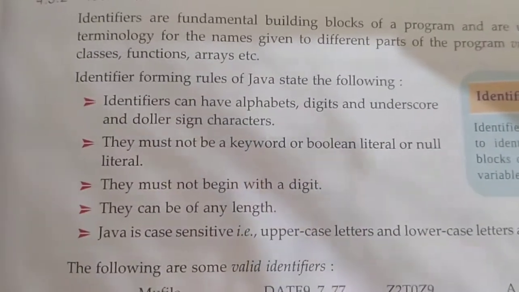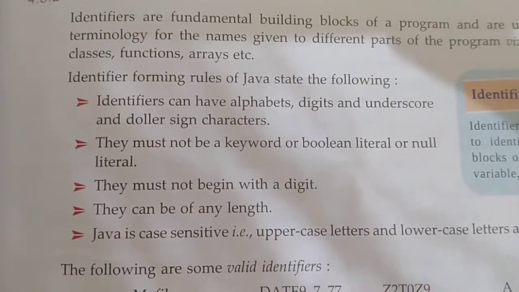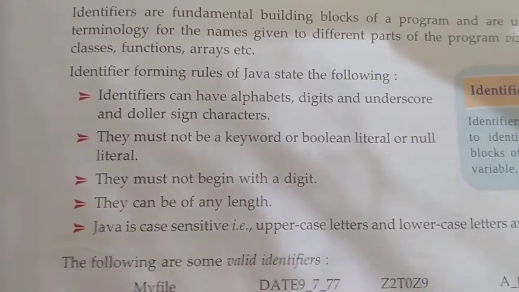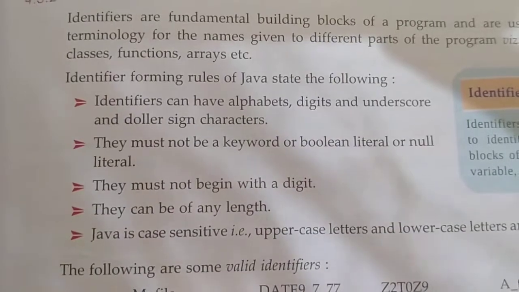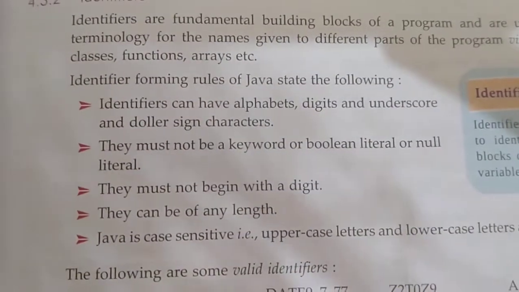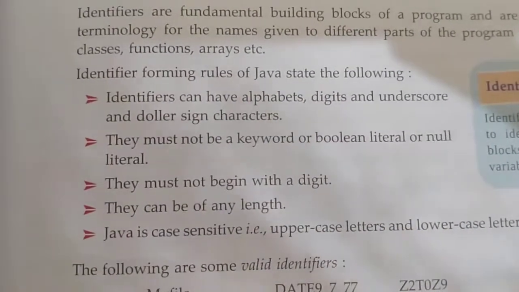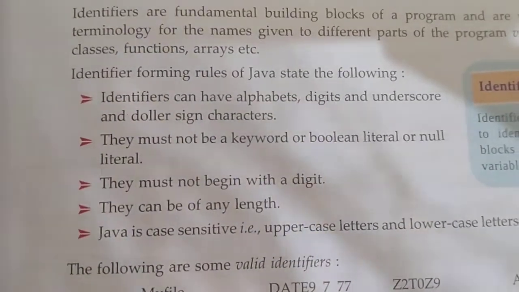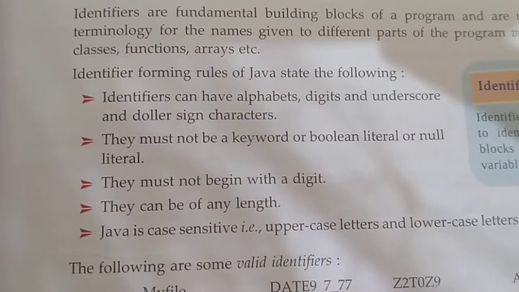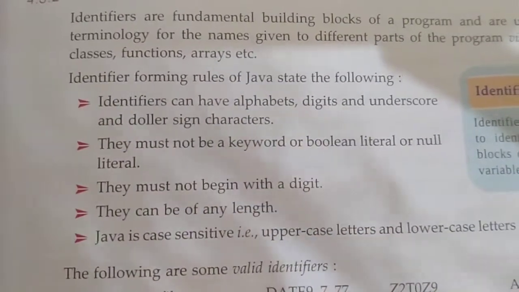The second rule is they must not be a keyword or a boolean literal or a null literal. Keywords are words that convey a special meaning to the compiler. So you cannot give a keyword as an identifier. This can come to the exam.